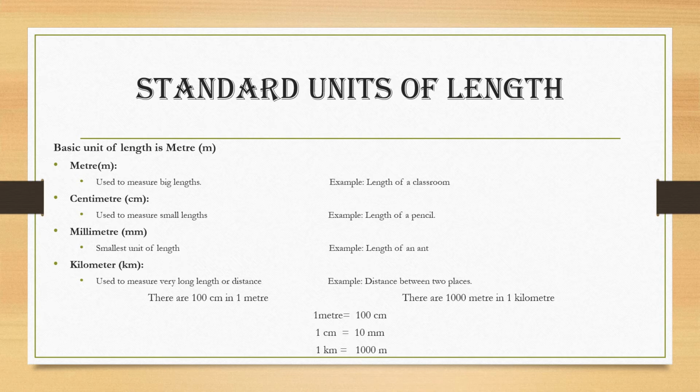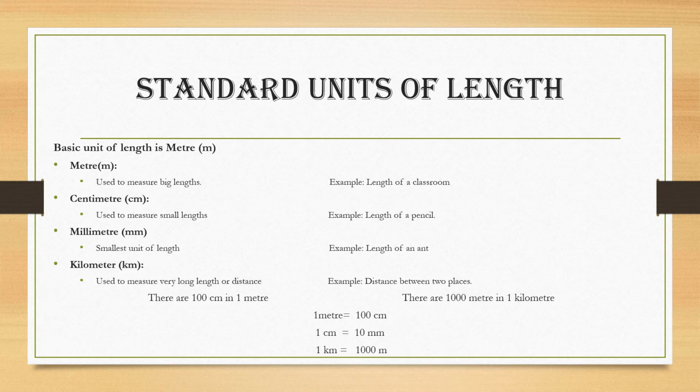So 1 meter is equal to 100 centimeters, 1 centimeter is equal to 10 millimeters, and 1 kilometer is equal to 1000 meters. All these things you have to remember. Write all these things in your notebooks, and always keep them in your mind. Always remember the measurement: 1 meter is equal to 100 centimeters, 1 centimeter is equal to 10 millimeters, and 1 kilometer is equal to 1000 meters.